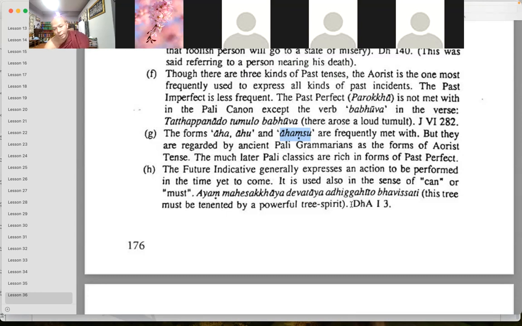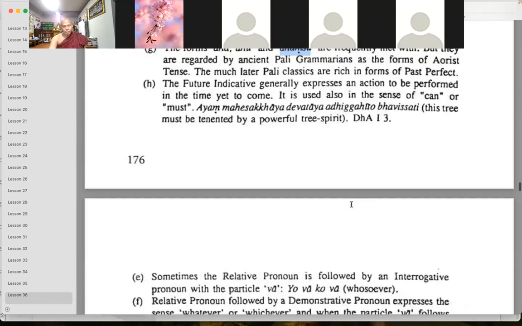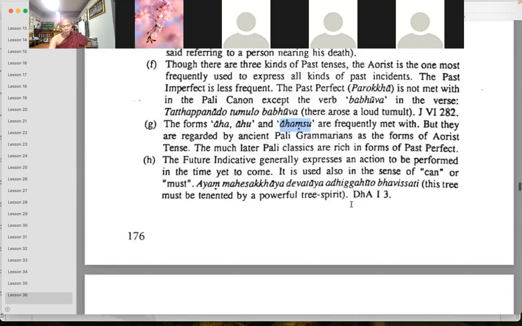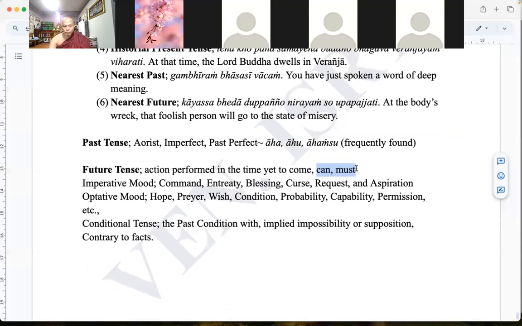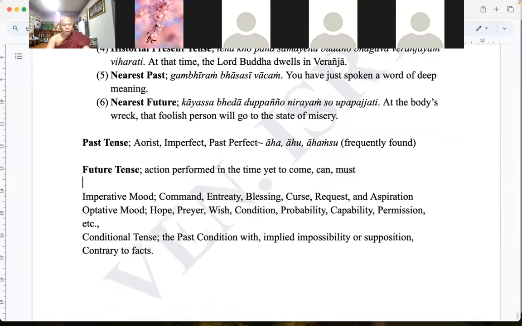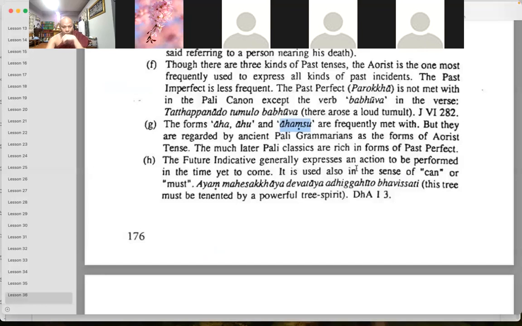"Adhigahito" is tenanted or maybe occupied. Occupied is better to understand. So that makes sense. Okay, so what is it? "Ayam mahisekaya".